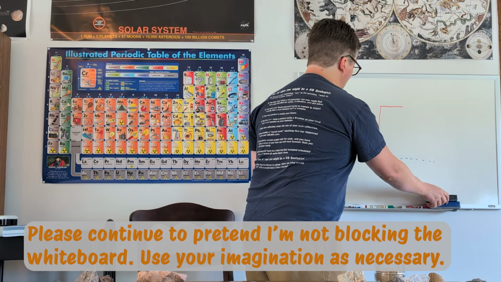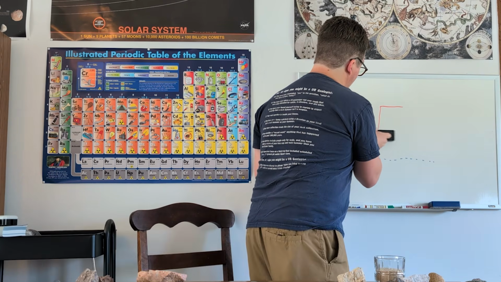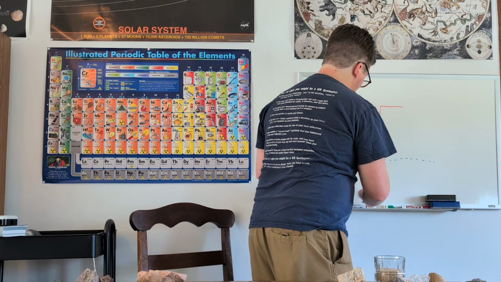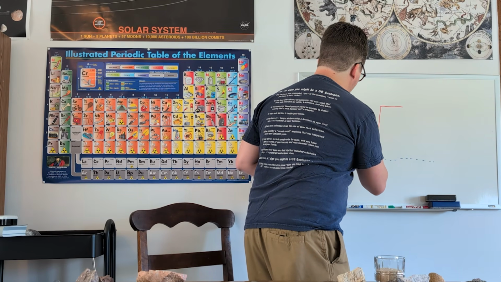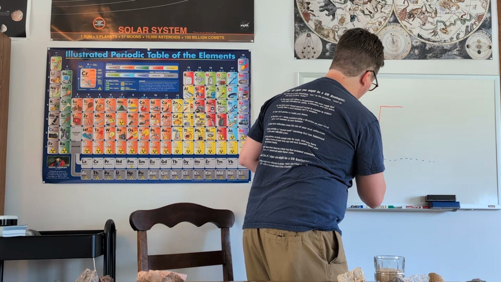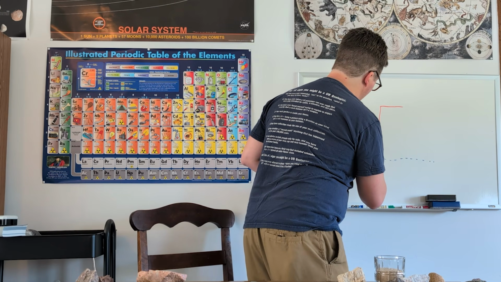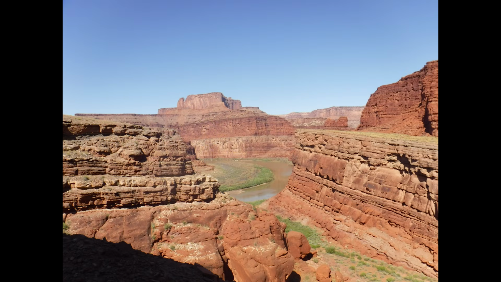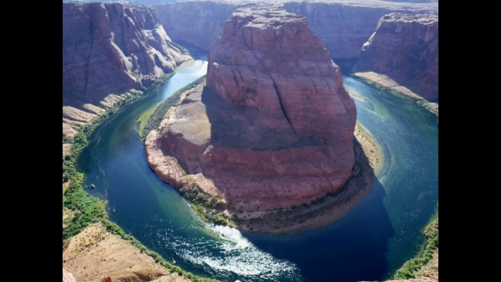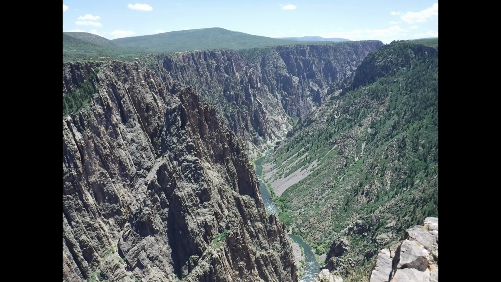And give it a few more million years, and what you've got is a giant canyon if the rock unit is very strong, or a very deep valley if you've got softer units down there. So this would be like a straight on look at the Grand Canyon or at Black Canyon of the Gunnison.